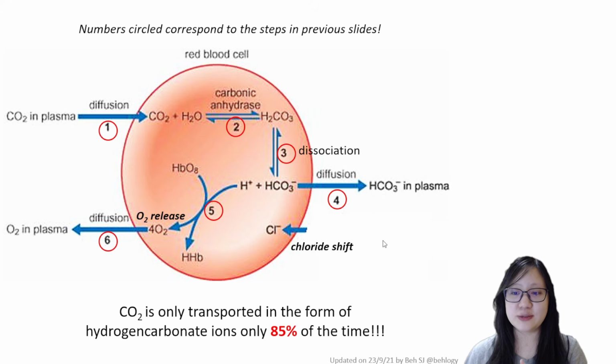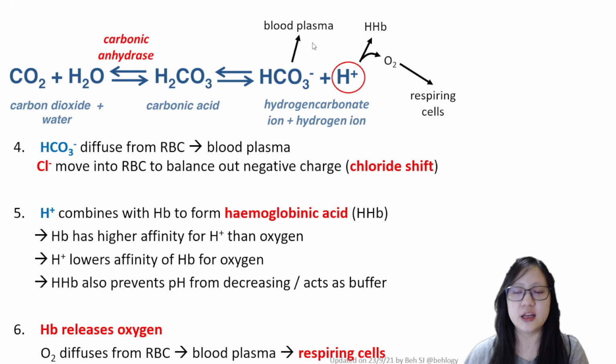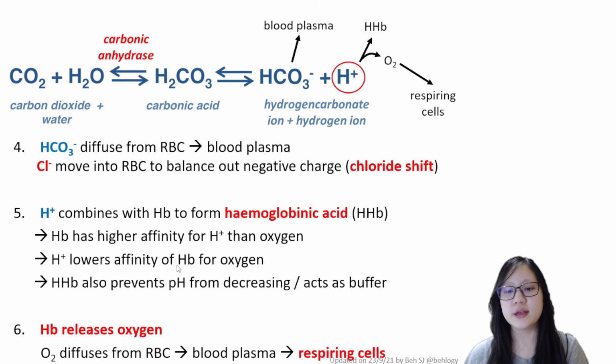Now, as I said just now, this reaction is why the Bohr shift occurs. This reaction, written in one line like this, is exactly why the Bohr shift occurs, because it produces hydrogen ions, which then combine with hemoglobin, and hemoglobin just happens to have a higher affinity for hydrogen ions than oxygen.